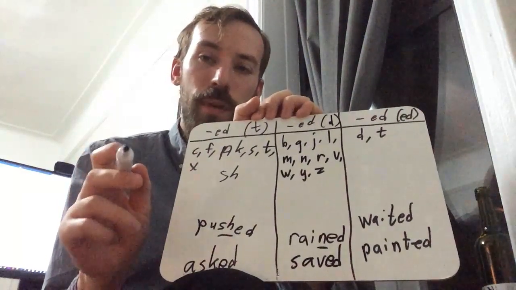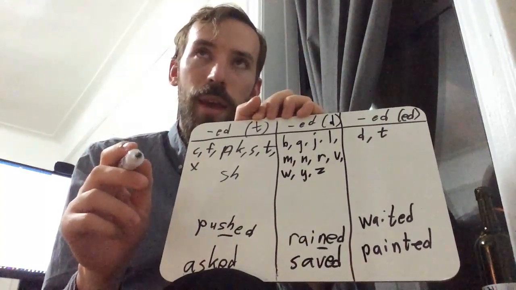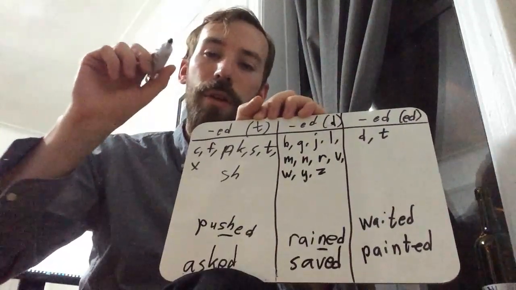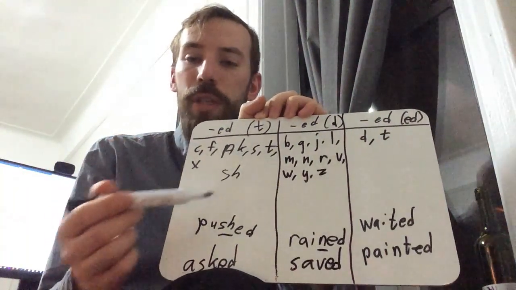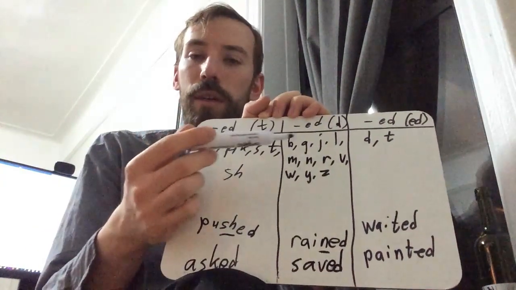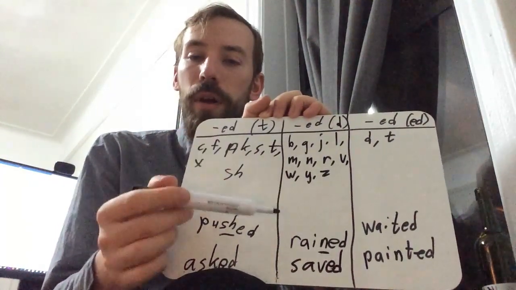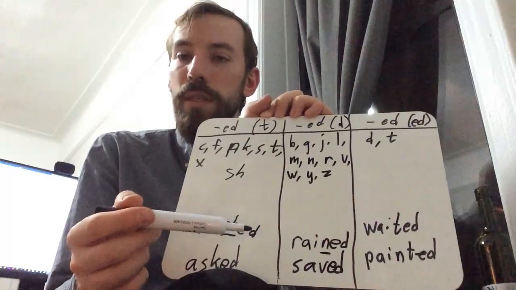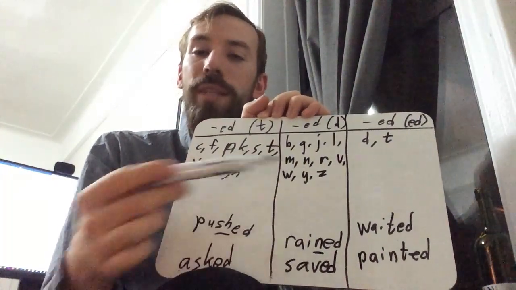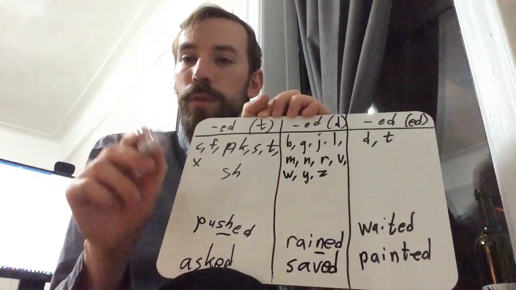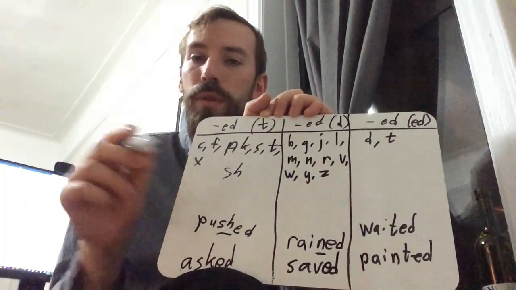On Google Classroom, I'm going to give you a place to put them, either in this one, the pushed and the asked, the T, or this one, the rained or the saved, D, or the ed one, painted, weighted. And I want to ask you to put those words in the order that they go in on there.